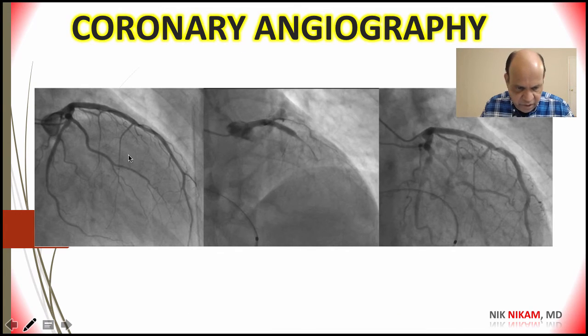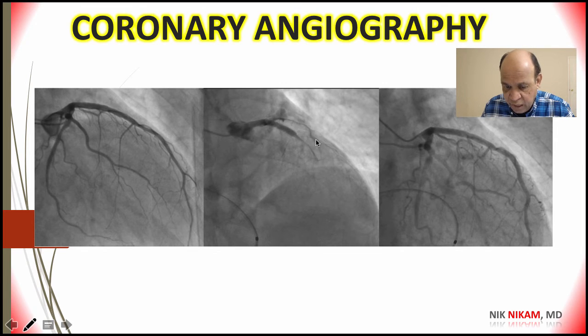All right, now let's look at this. This was probably a baseline angiogram in this patient, and now look at this. We have a total occlusion of the left anterior descending branch, and they are trying to advance the guide wire here, and because the lesion is so proximal, it may be involving the diagonal branch.